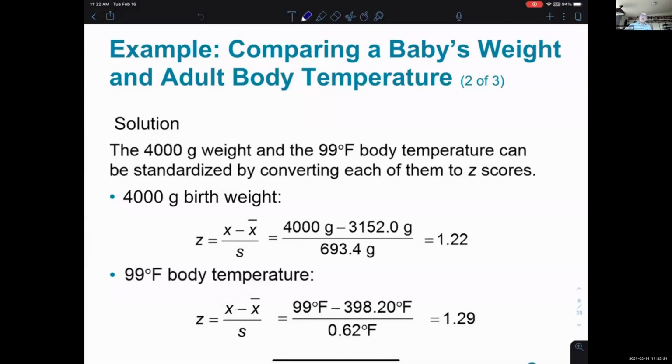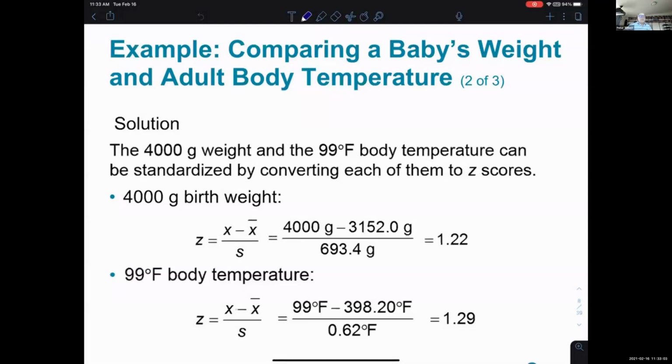So that tells you how far in grams the value is from the mean, but then you want to measure how many standard deviations that is, so you divide that difference by how much one standard deviation is in grams. And in this case, we get a z-score of 1.22. So that means that 4,000 grams as a weight is 1.22 standard deviations away from the mean value of the weights.